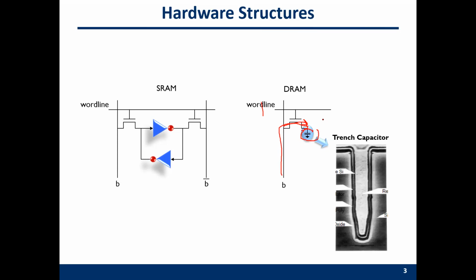So it's very simple. It's just a capacitor. But how to make a capacitor on the die is very difficult. Like this figure shows, you need to dig a very deep hole on the die. Nowadays, when we talk about DRAM, we prefer 64 GB.